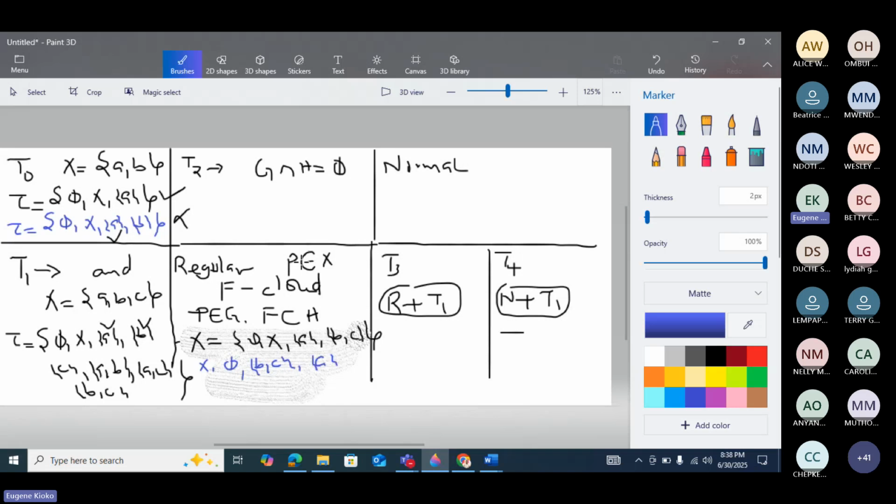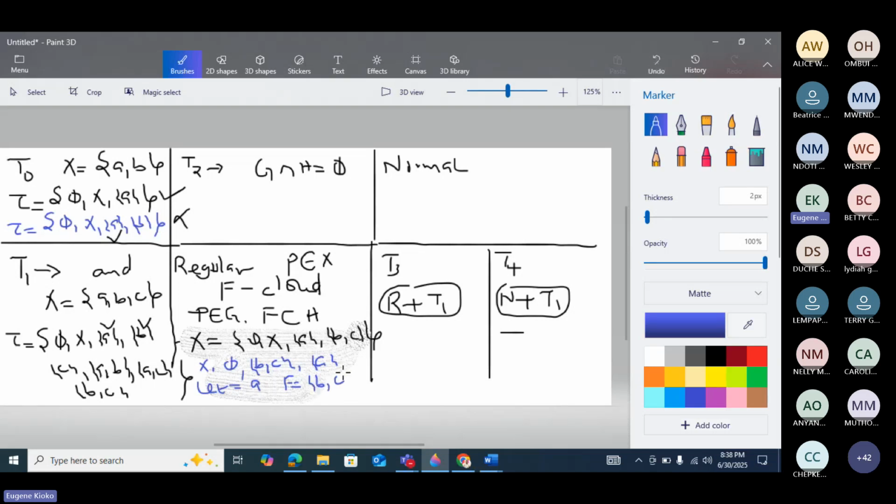Then we pick a point P. Let P be, you can pick any, so let P be A. If P is in A and F is in H, you pick a closed set without A. The only closed set without A is BC.